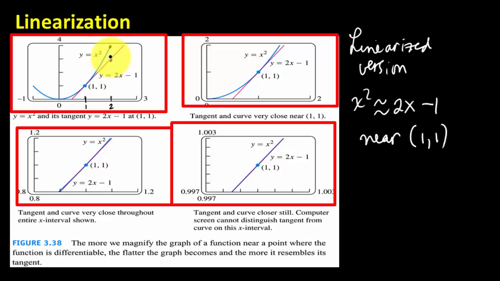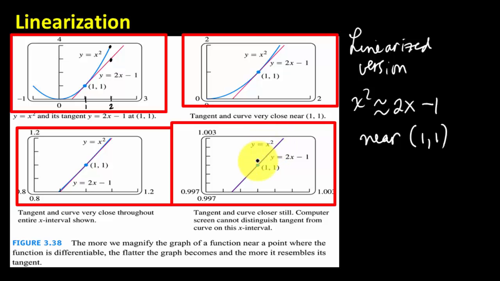So that's not a very good approximation. However, if we are looking at, say, 1.001, then I can just plug in 2 times 1.001 minus 1, and that's the good approximation for x squared.